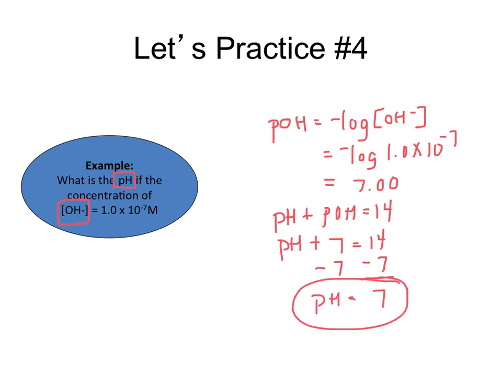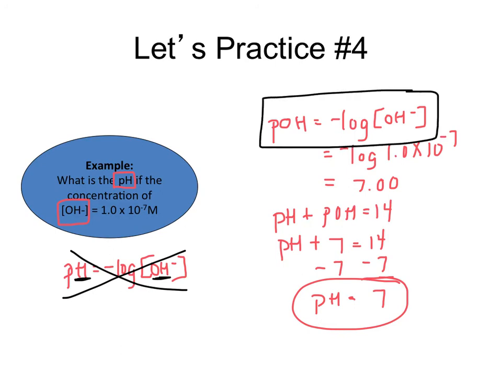If you had used pH is equal to the negative log of the OH, you would find that you are not going to get the right answer because these do not match. So be very careful about the equation that you pick. When you're solving for pH, you must use the equation that shows the hydrogen ion. If you're solving for pOH, you must use the equation that solves for the hydroxide ion.